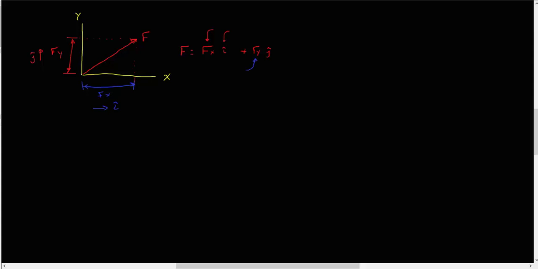This gives you the magnitude, and this gives you your direction. So really all we're stating here is that x will be denoted as the i direction and your y is your j. Once we get into three-dimensional, we will be adding our z, which would be a k hat.